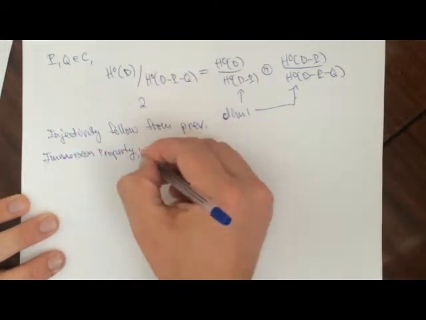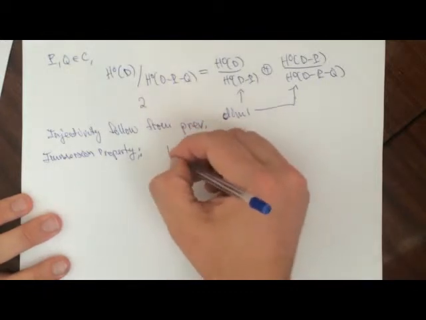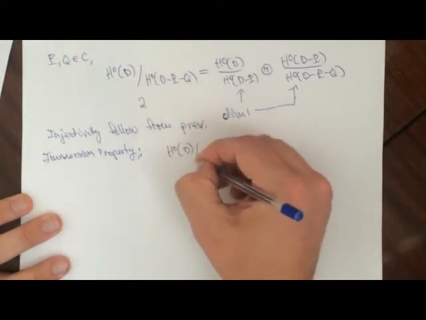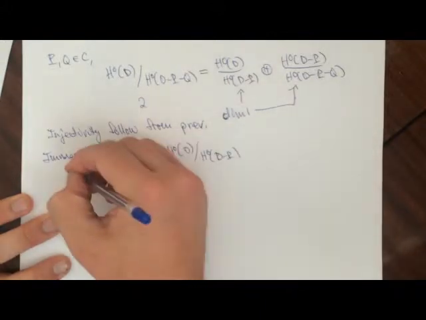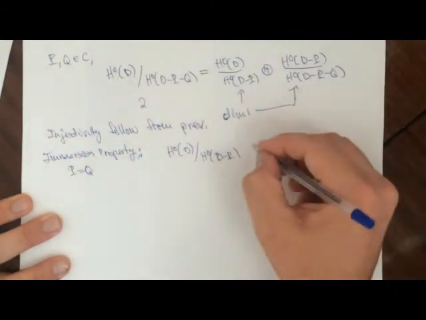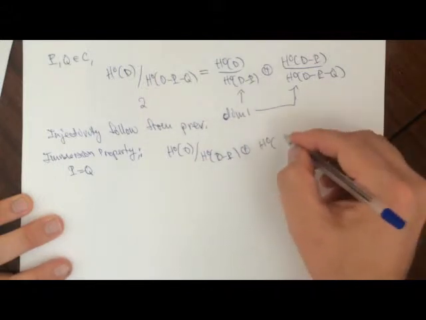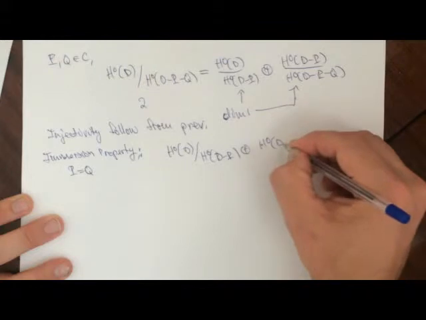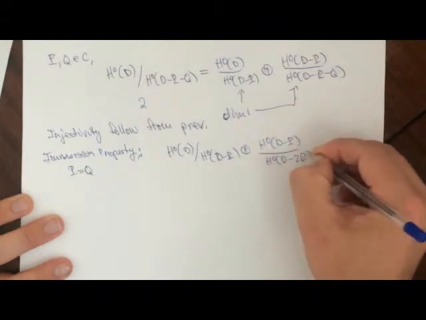We have H0 of D, H0 of D minus P. So we take P equal to Q, and we'll do this flag thing: D minus P and H0 of D minus 2P.